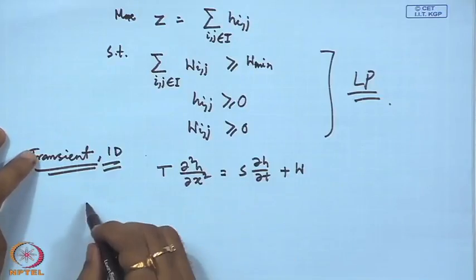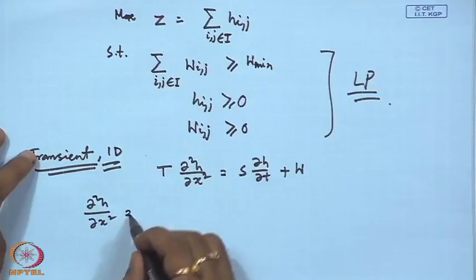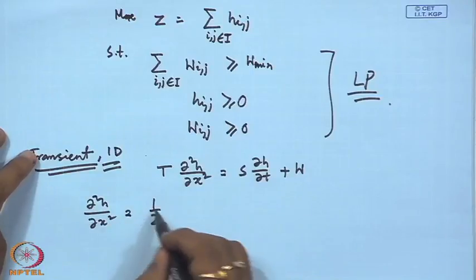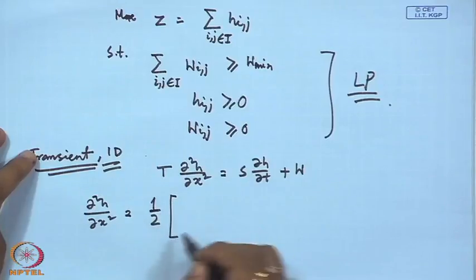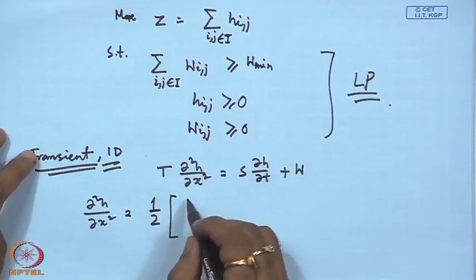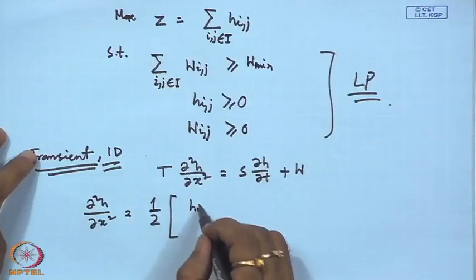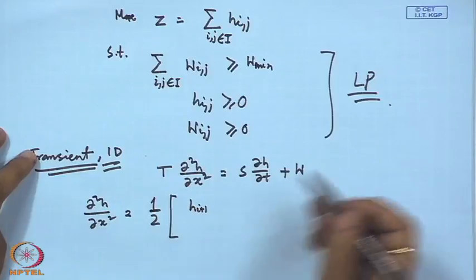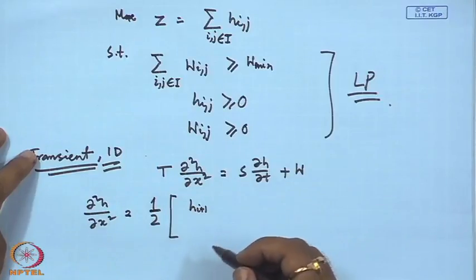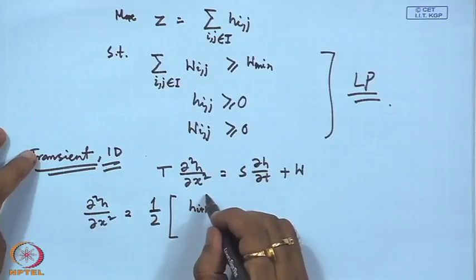The equation del 2 h by del x 2 can be expressed using the Crank-Nicolson scheme. In Crank-Nicolson, half of the derivatives are evaluated at the present time step and half of the derivatives are evaluated at the future time step.